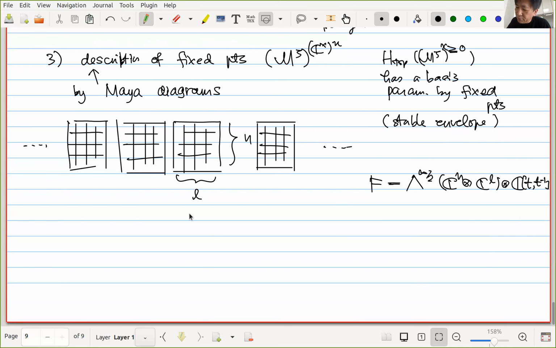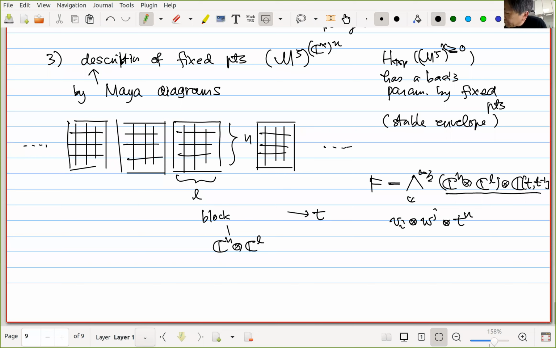Each block corresponds to C^L tensor C^n, and it goes to infinity to the right and to the left, and this direction corresponds to the powers of T. A basis is given by v_i tensor w_j tensor t^N. First I take a basis of this one.